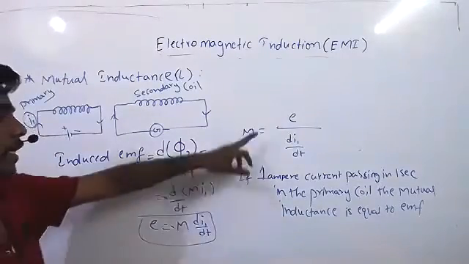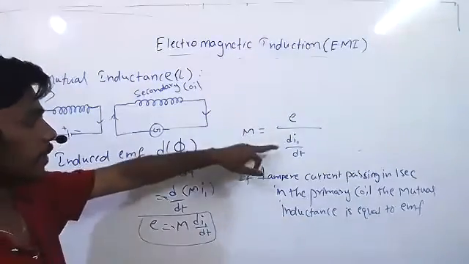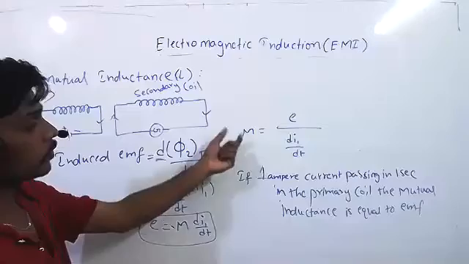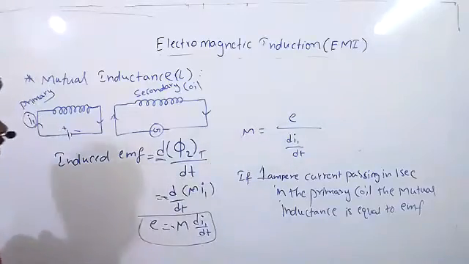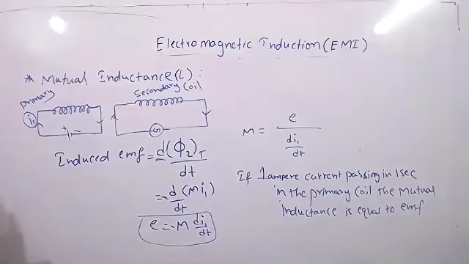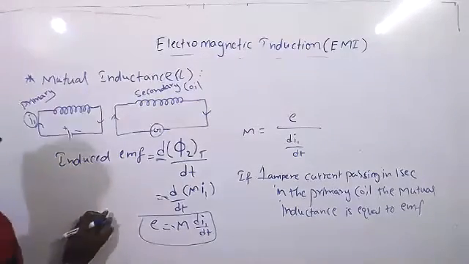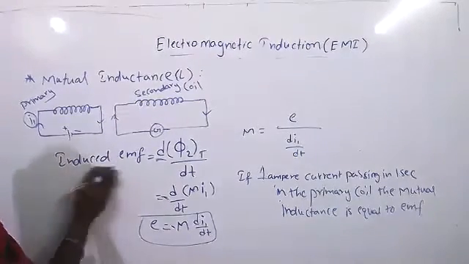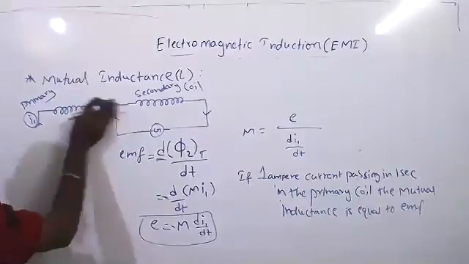One ampere current passing in 1 second in the primary coil means mutual inductance is equal to the induced EMF. Okay, that is about mutual inductance.